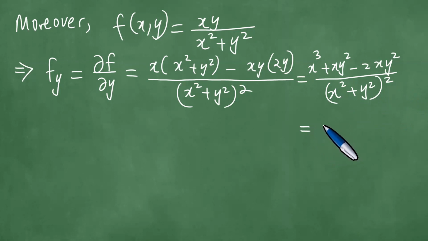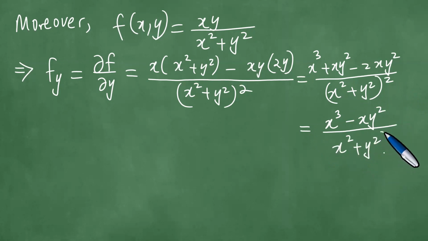And this is the same as x cubed minus xy squared, divided by x squared plus y squared, squared.